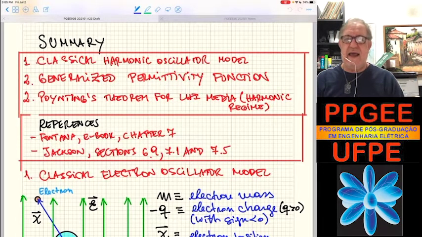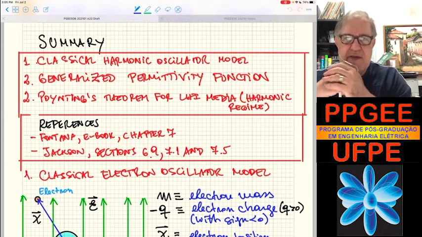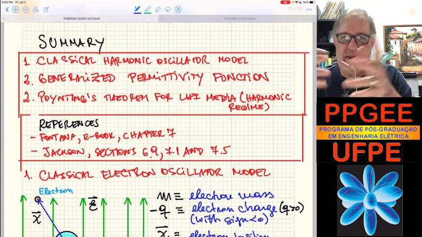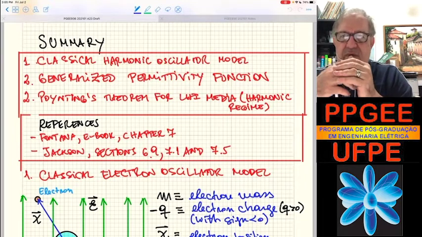For instance, glass, right? Glass allows light to go through in the visible range. It explains why certain materials are opaque to the passage of electromagnetic radiation. Metals, for instance, why do they reflect?